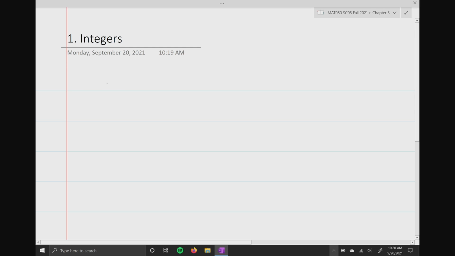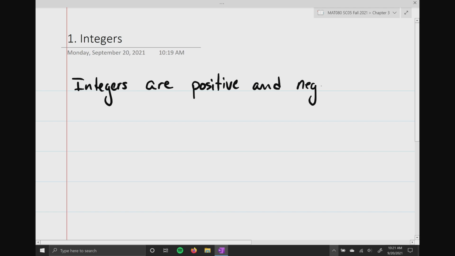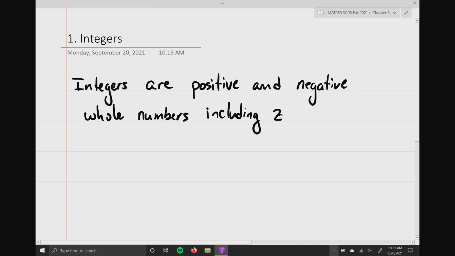So integers are positive and negative whole numbers, including zero.